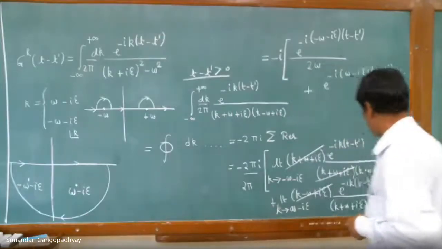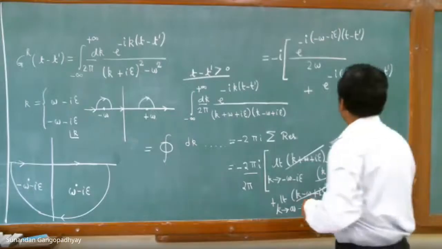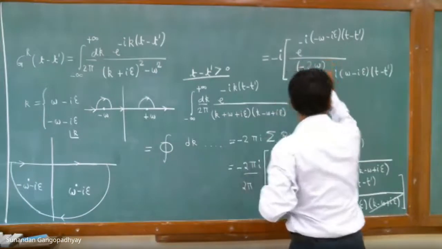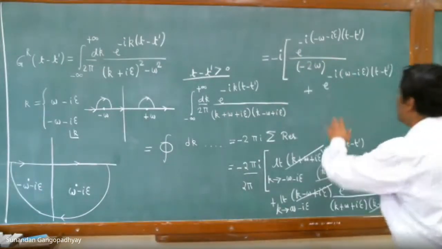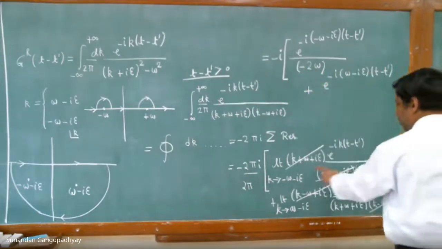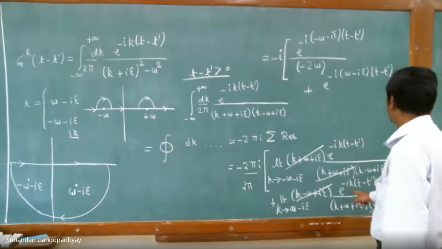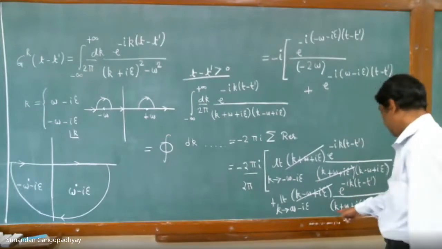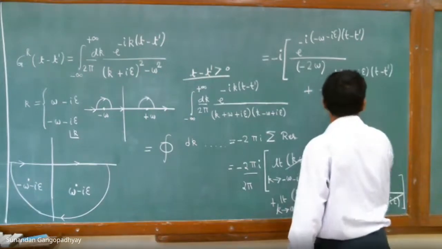Shouldn't that be minus 2 omega? It will be minus 2 omega. I actually said minus 2 omega, but when I wrote it, I wrote 2 omega. Okay, this is minus 2 omega, sure. So this will be this thing, and this one is this, divided by 2 omega.